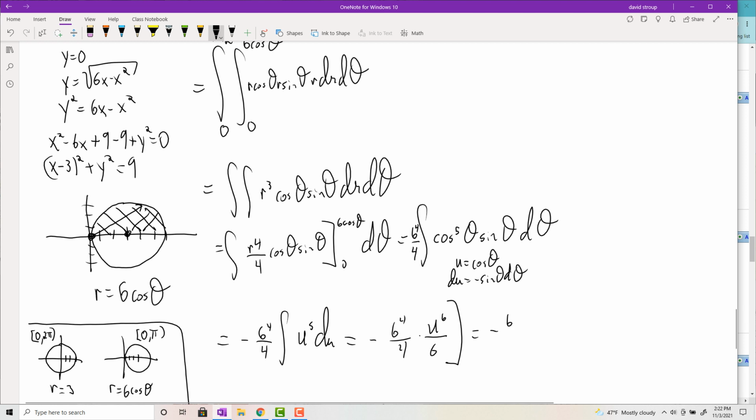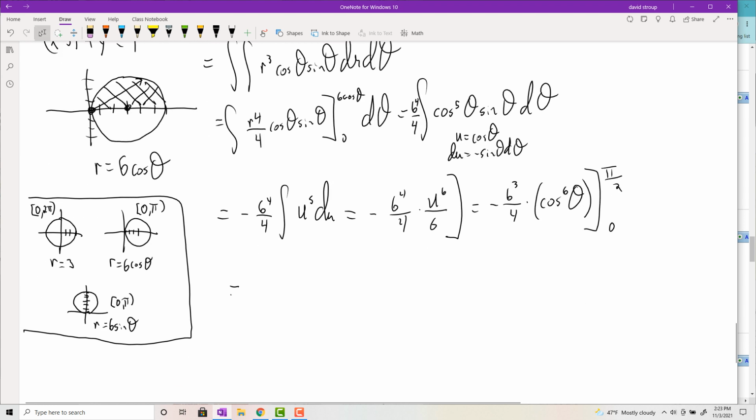That'll be negative 6 cubed over 4 times, back subbing for u, we get cosine to the 6th theta, and then I need to evaluate from 0 to pi over 2. Okay, so negative 6 cubed all over 4 times cosine of pi over 2 is just 0, and then minus cosine of 0 is 1. 1 to the 6 is 1. So you end up with 6 cubed all over 4.